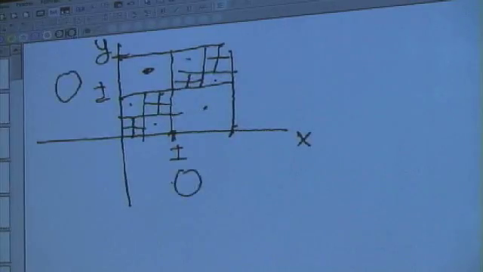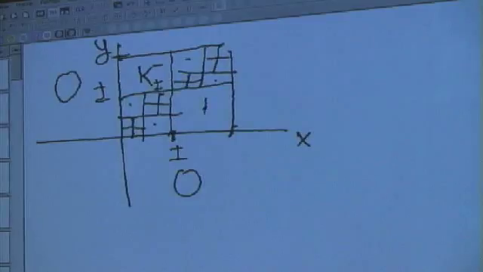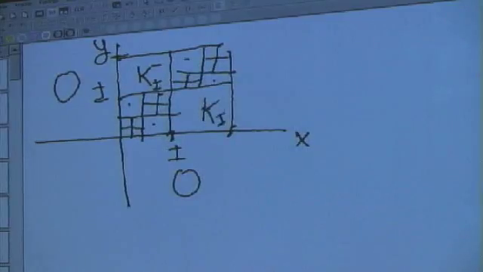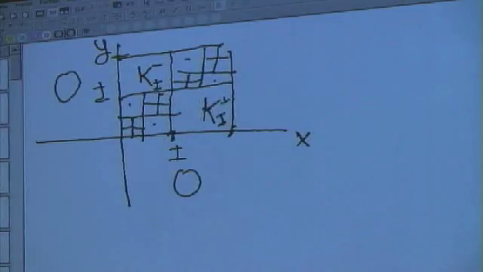Here it will be 0 and 0, right? Here I will call this constant K_I minus, since X belongs to the I minus. And here I'll say that it's K_I plus. Okay? And so on and so forth.